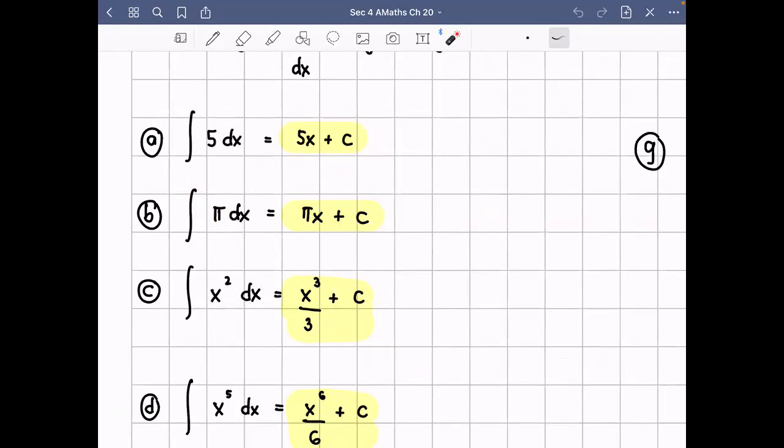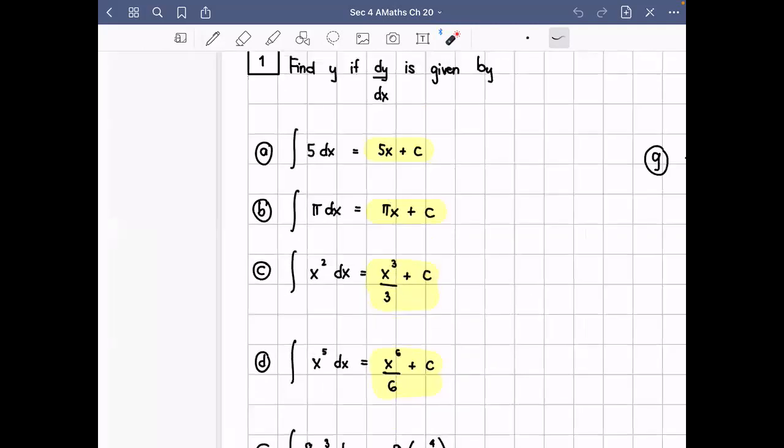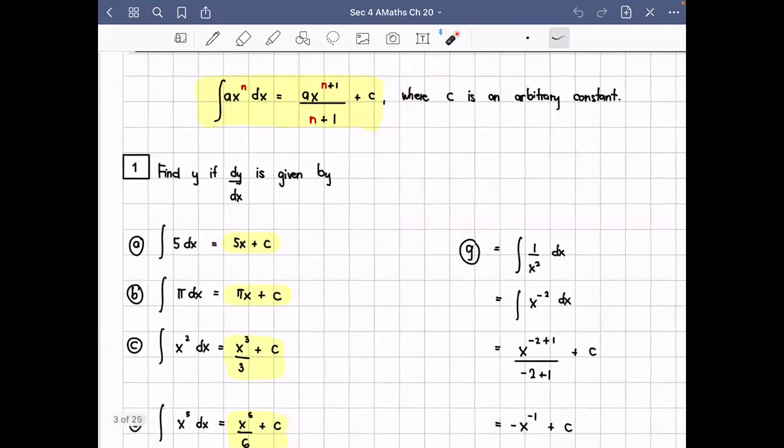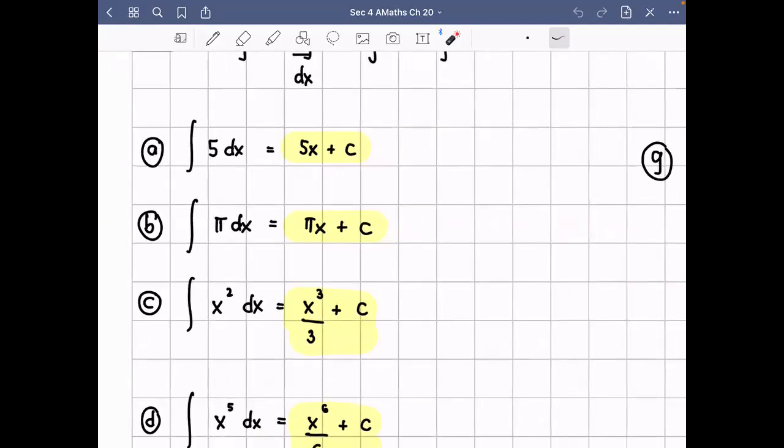Now let's go to letter C. What if we have x squared? What is the antiderivative of x squared? Applying this rule, the antiderivative of x squared is equal to x cubed, because remember, this is n plus 1.